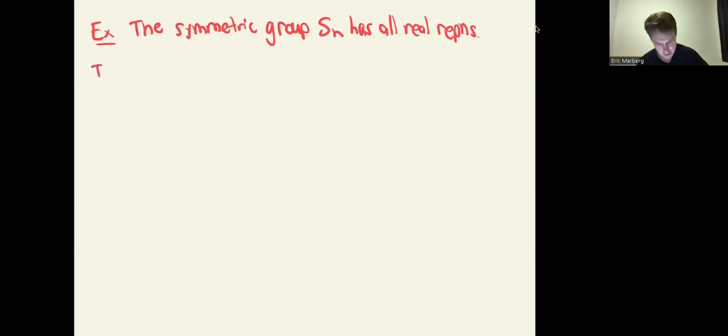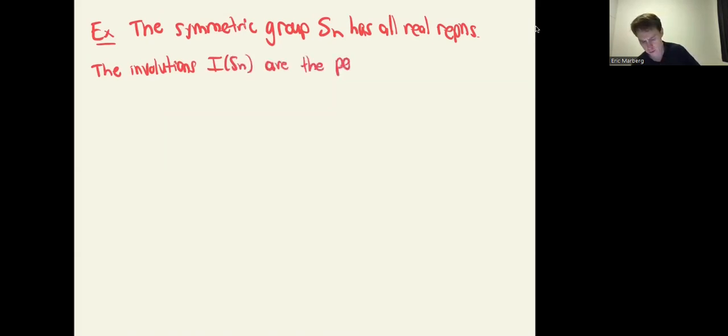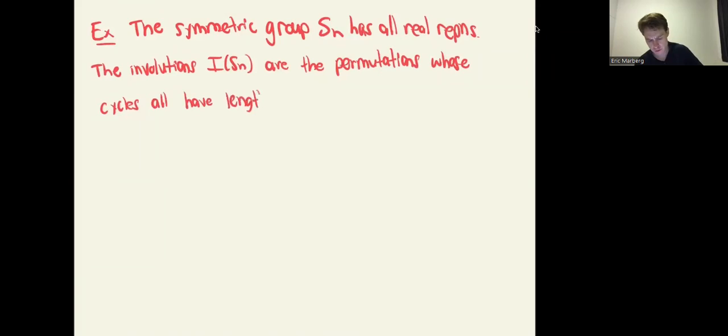The involutions in Sn are the permutations whose cycles all have length 1 or 2. So they are fairly tangible objects.